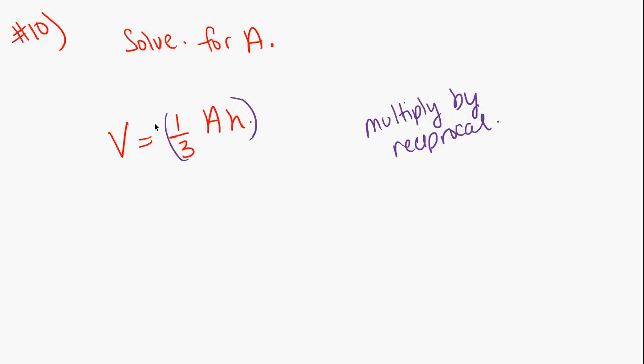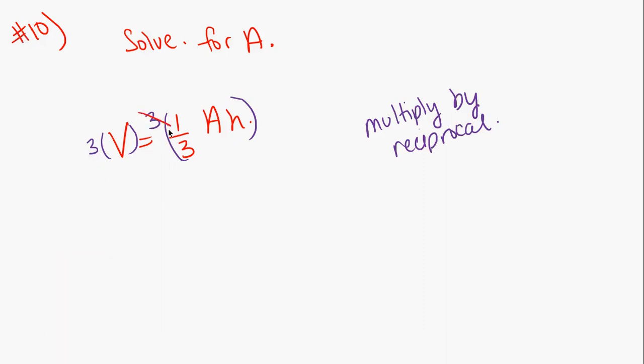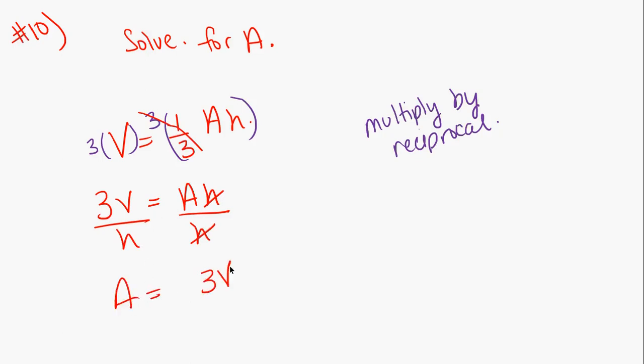The reciprocal of 1/3 is just going to be 3. So on the right side, they cancel. On the left, you have 3v equals AH. And then to get A alone, we divide by H. So the H's cancel. A equals 3v over H.